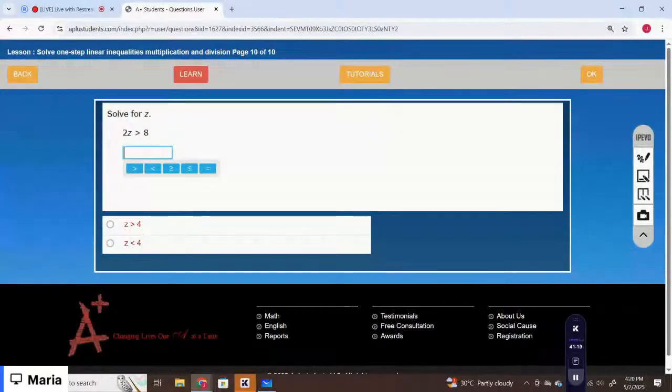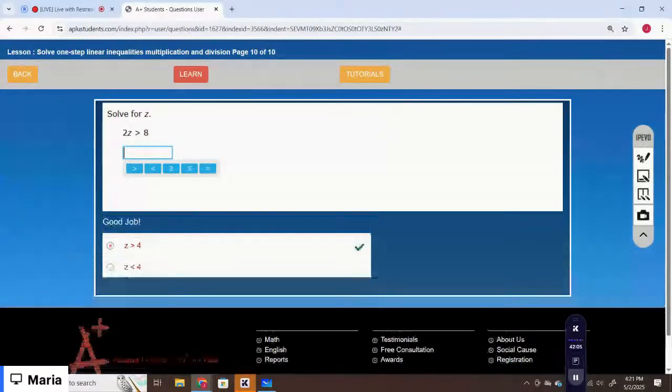Solve for Z. 2Z is greater than 8. That is Z is greater than 4. Option number 1 is the correct option.